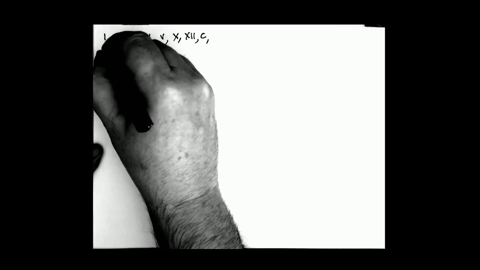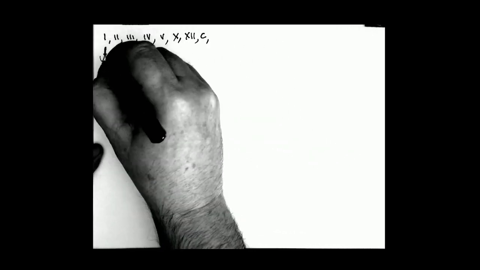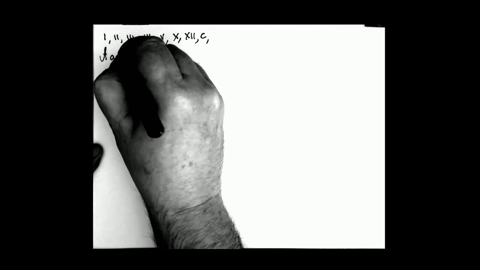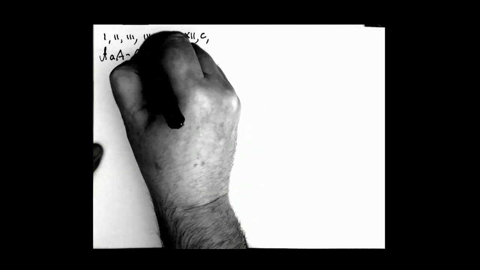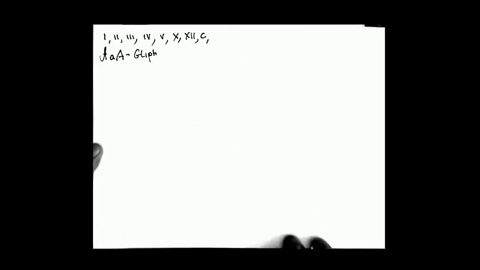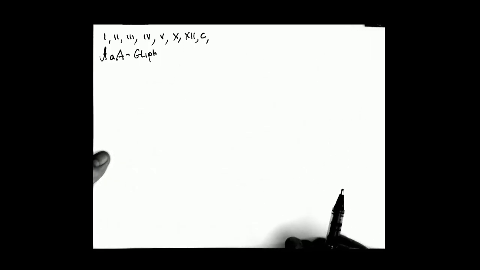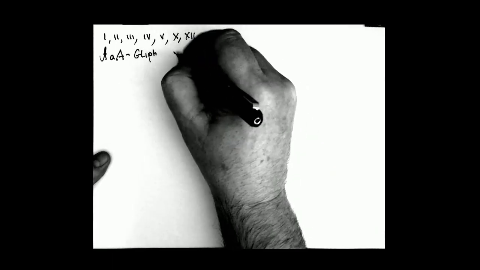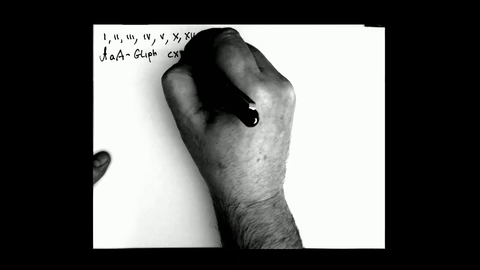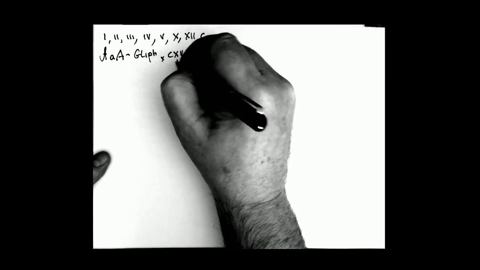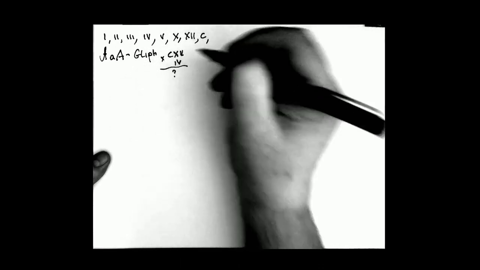By the way, a glyph is the way a number or letter looks. But you cannot, for example, multiply 112 at least by 4. It is impossible to calculate.